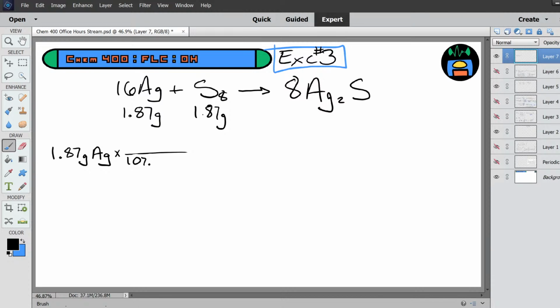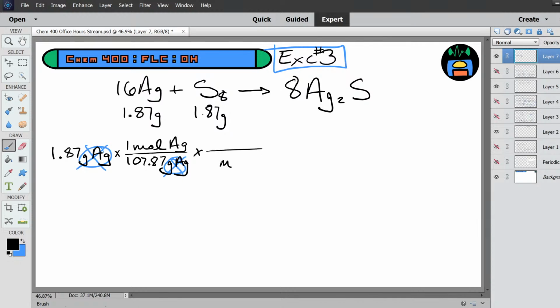Let's see, 107.87 grams. I'm just going to go ahead and finish the calculation for anybody who's watching and who may not know what to do. So our grams cancel.